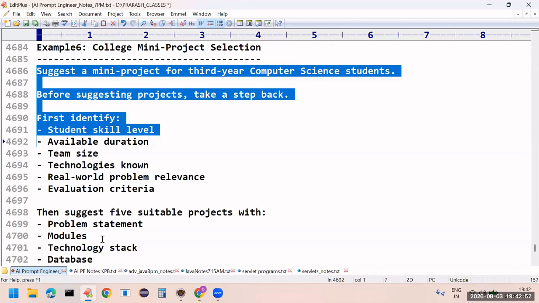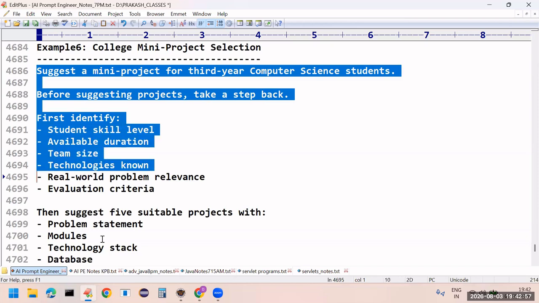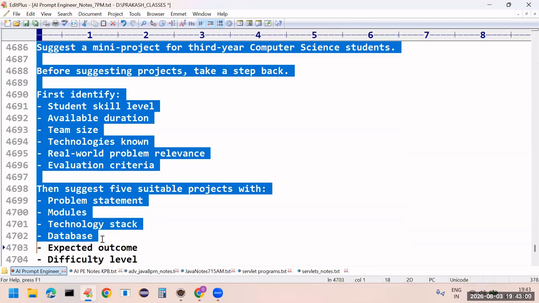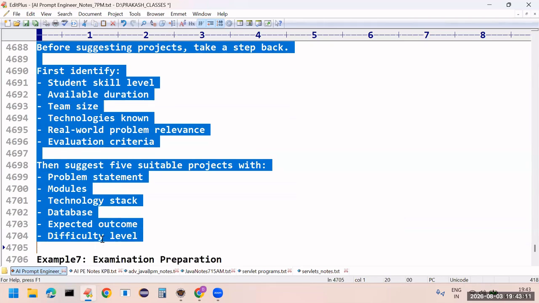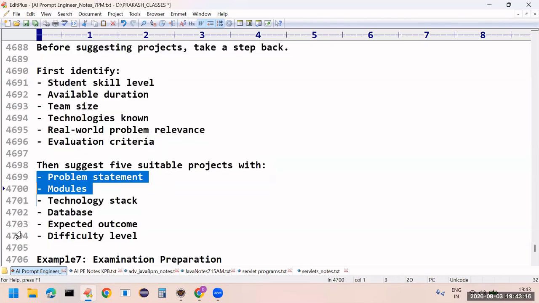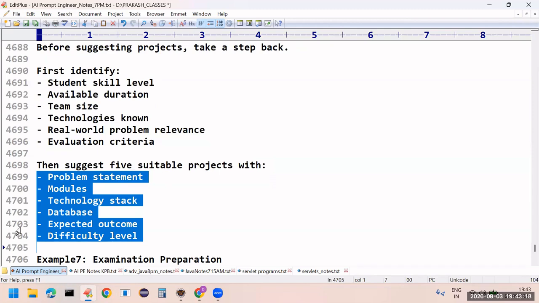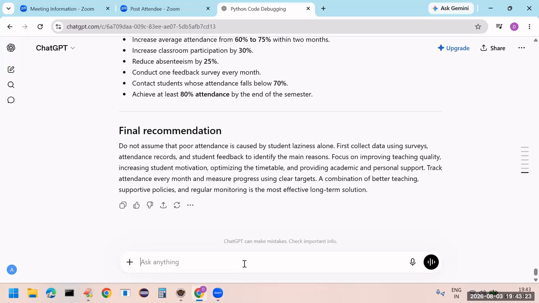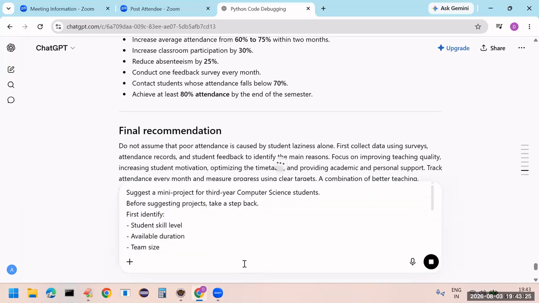First, identify student skill level, available duration, team size, technologies known, real world problem relevance, evaluation criteria, and then suggest 5 suitable projects with the problem statement, modules, technology stack, database, expected outcome, difficulty level. Suppose if I want to do any project, these are the problems I may face, concepts I may know. For that, just go back and analyze whatever resources you have.